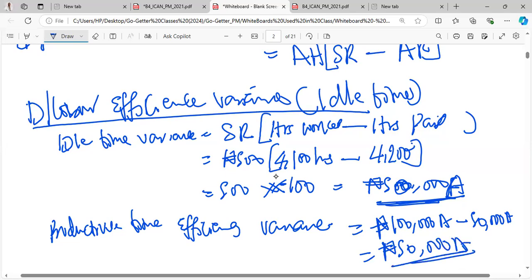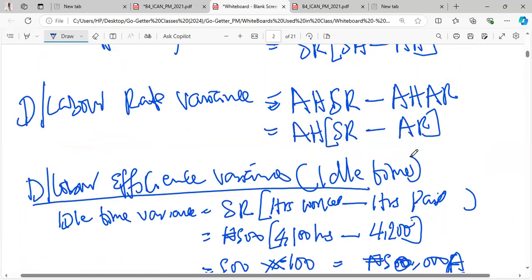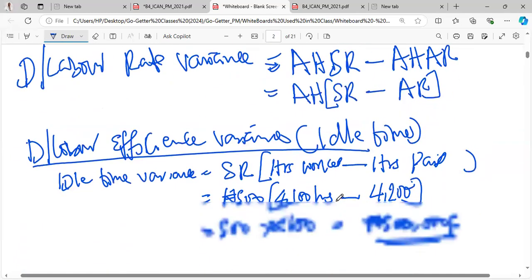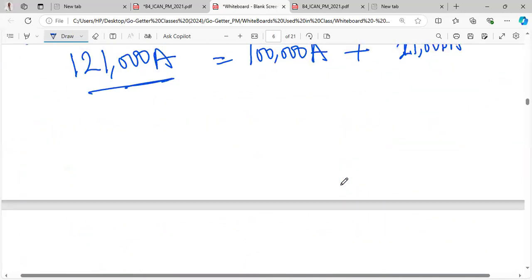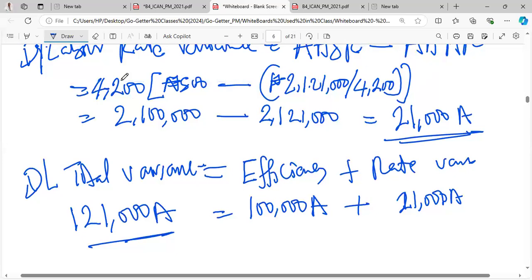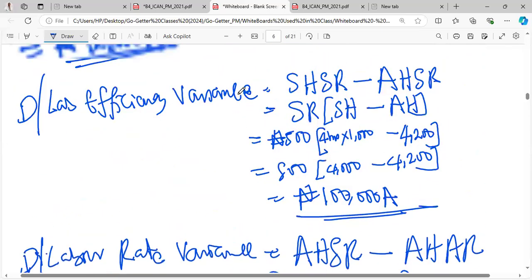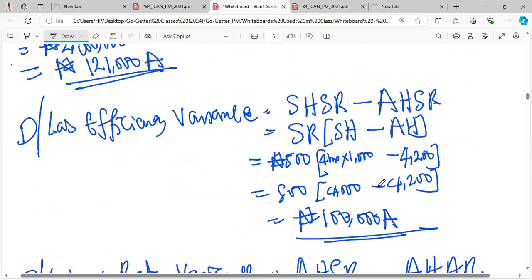The same calculation we did here is what we are still going to do. I was not supposed to calculate this one here, but no problem. The same calculation where we used 4,200 versus 4,000, we change it now to 4,100. This 4,200 would have been 4,100 and would give us 50. So that's it.